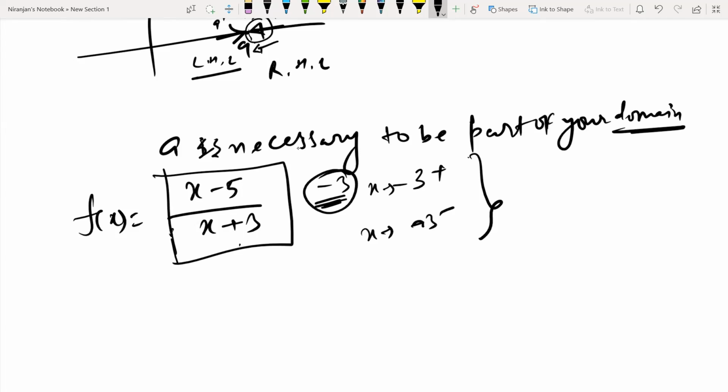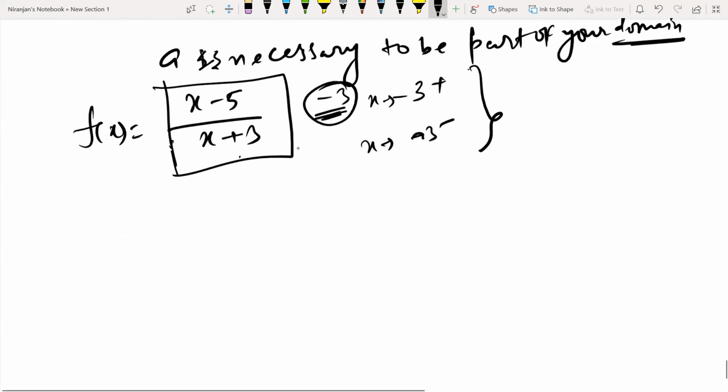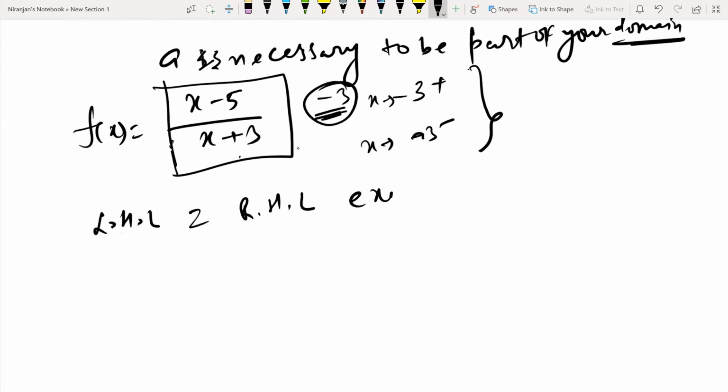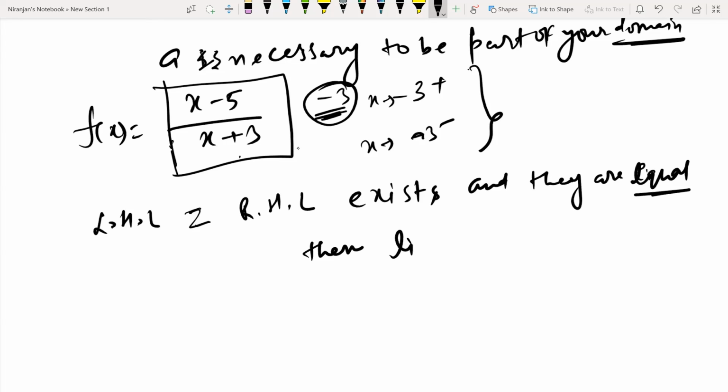Second point I want to make. If your LHL and RHL exist and they are equal, then you say the limit exists. Pay attention to this.